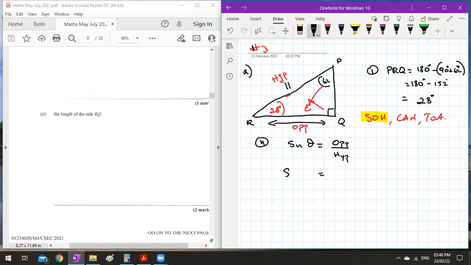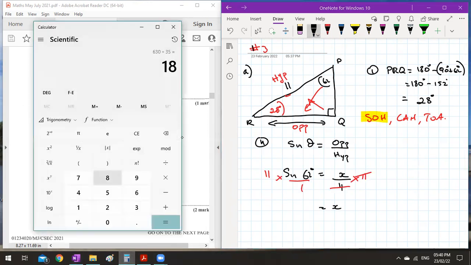And we could fill that out. So sine 62 degrees is equal to, in this case, we don't know what it is, so put it as x over 11. We want to get rid of the 11 by multiplying on both sides. This will cancel out, remaining with the x only.